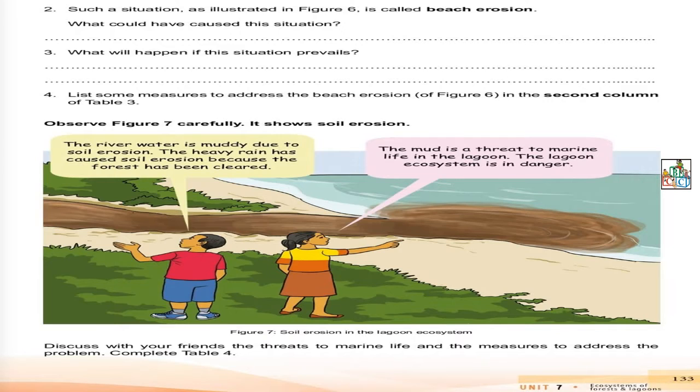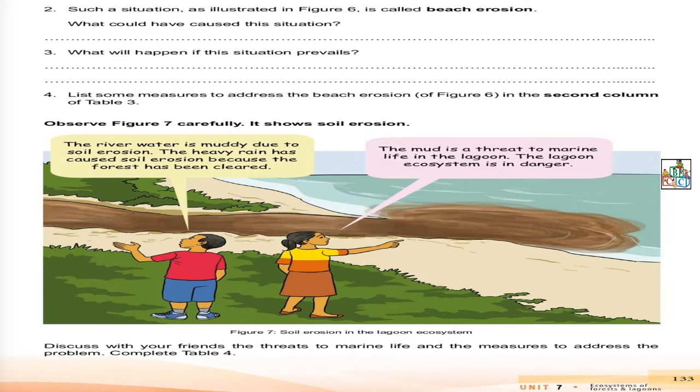When you have the cutting down of trees, then what is going to happen? When there is heavy rainfall, the ground is not able to absorb all the rainfall, so then you have soil erosion.